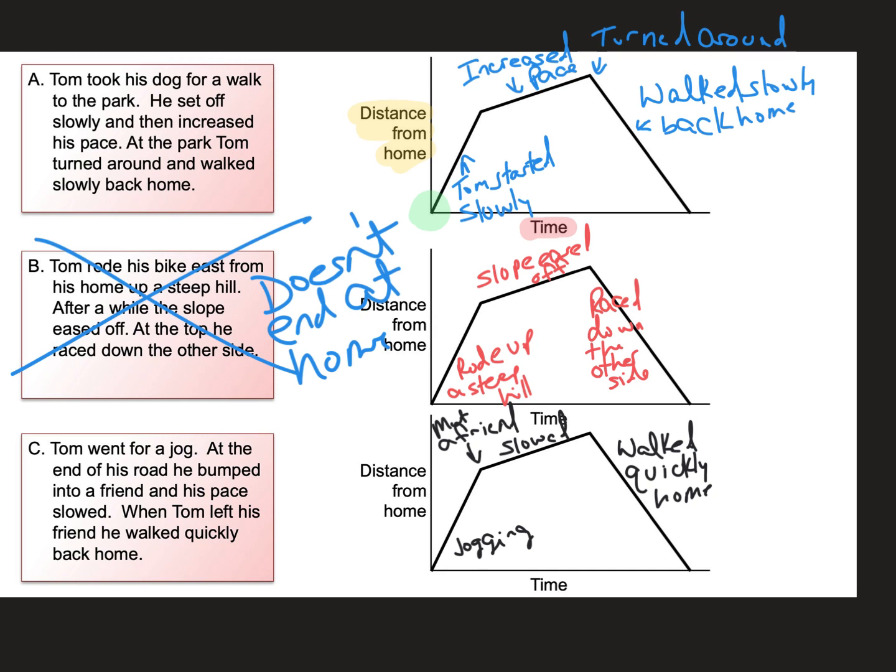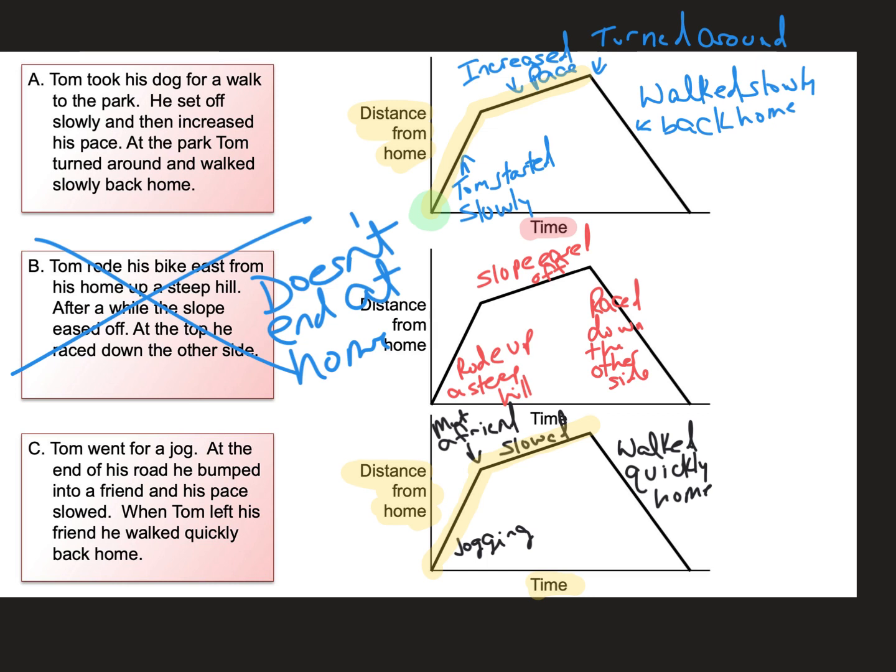What does a steep slope mean? Here I have a steep slope and then it gets less. We said it was walking slowly and then increasing pace. Down on the bottom one, we have a steep slope jogging and then a less steep slope when he slowed. The slope of the line represents how quickly his distance from home is increasing or decreasing. Remember, our lower axis is time and our y-axis is distance from home. So the steeper the slope, the faster you're moving.